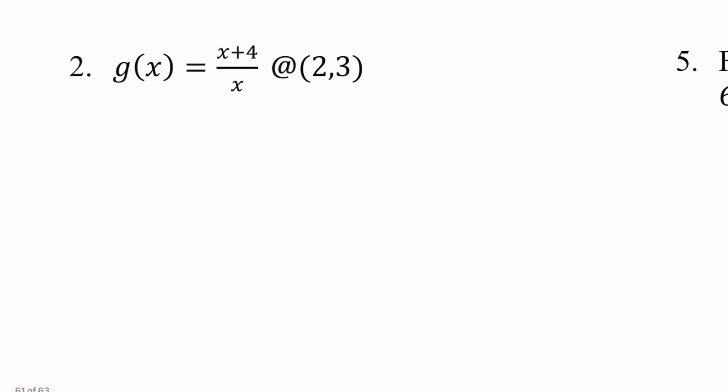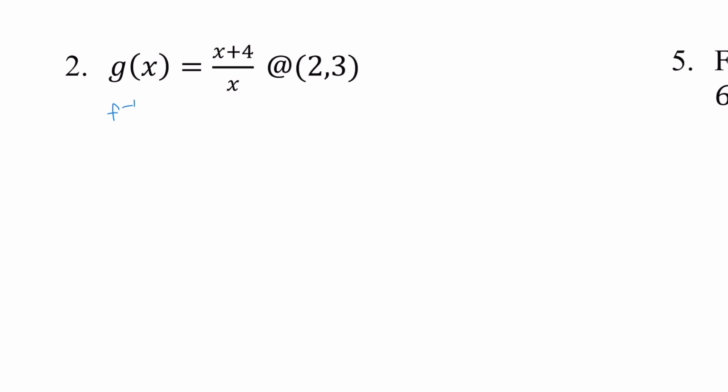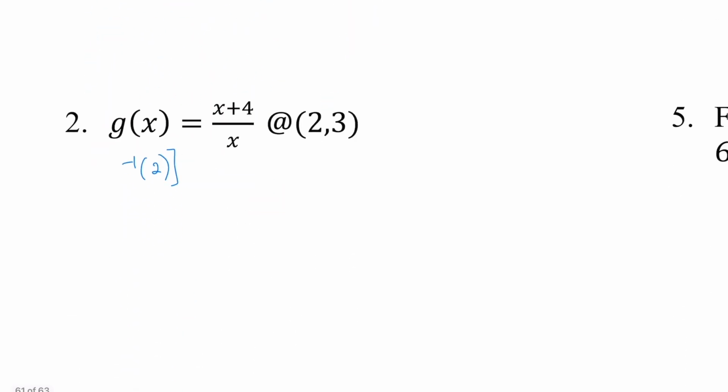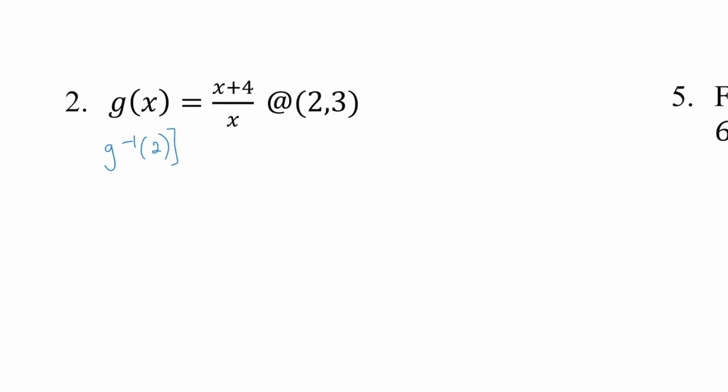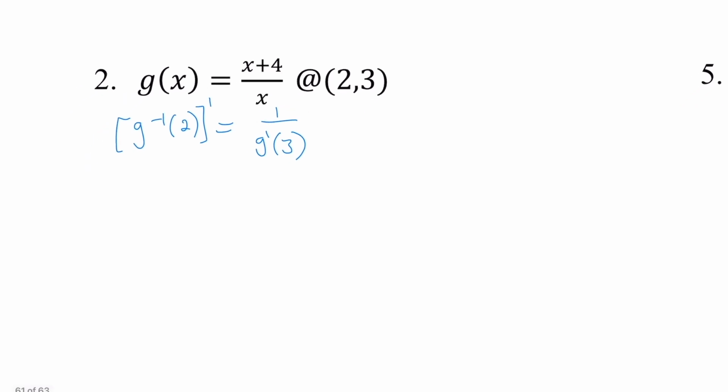It says g of x equals x plus 4 all over x, at 2 and 3. So again, we're going to say f inverse at 2, or g inverse here. g inverse at 2, prime equals 1 over g prime of 3. So that means that we have to take the derivative.